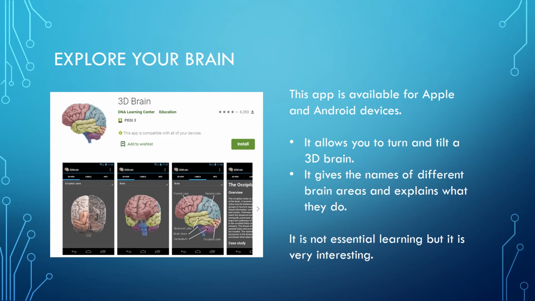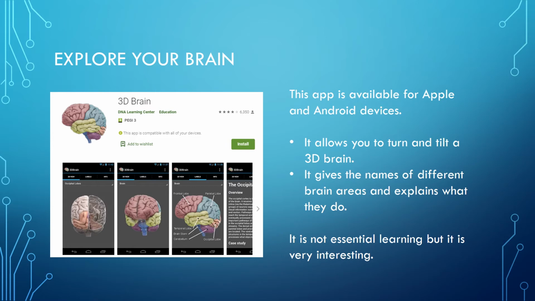You can really delve into how complicated your brain is, and what different parts of your brain do in terms of different skills that you have. If you have a look at this app, it's called the 3D Brain. There's a lot of information that you won't need to pass your GCSE, but the brain's a fascinating organ, and the more that you know about it, the more fluently you'll be able to write about its function and its structure.